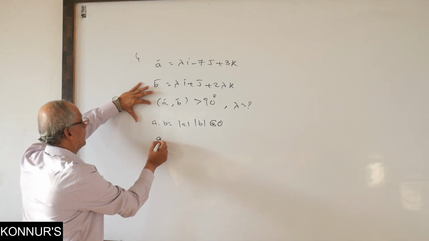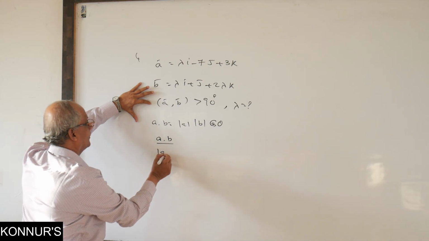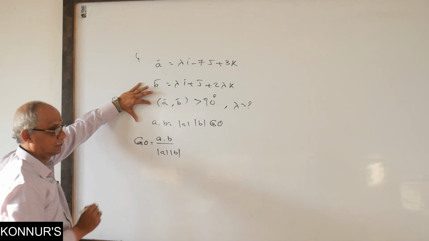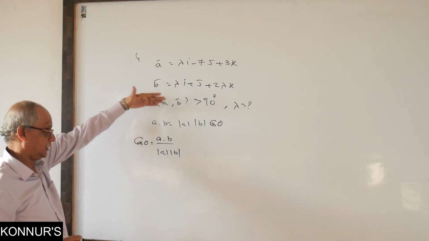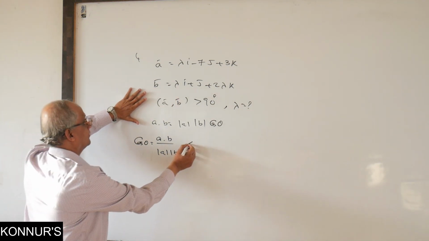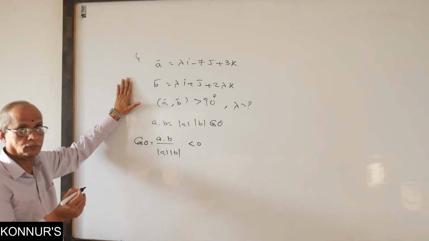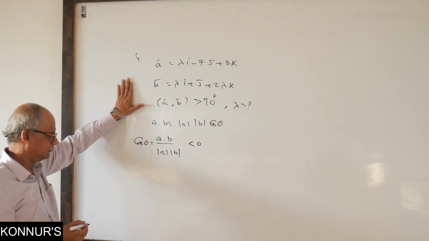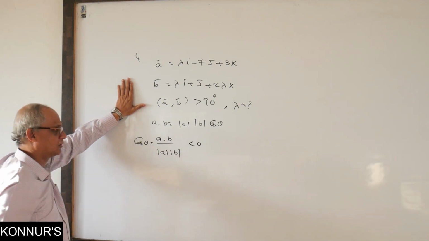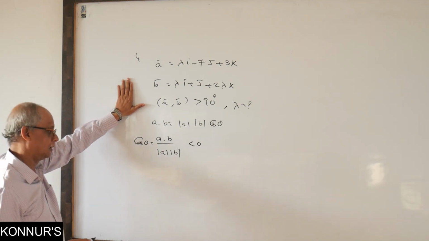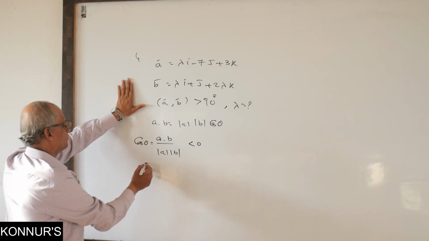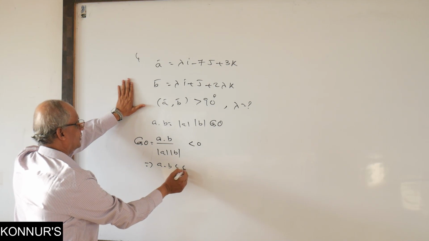From this, cos theta is A dot B over A B. In the second quadrant, cos is negative, sin is positive. The denominators are anyway non-zero real numbers, so cancel, or else cross multiply. Therefore, A dot B must be negative.